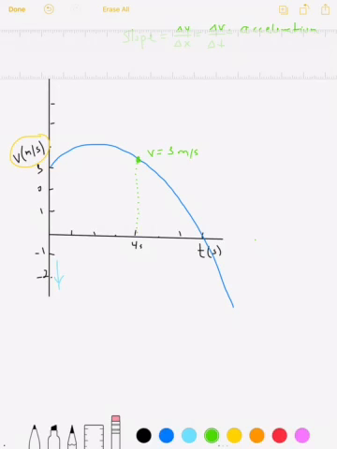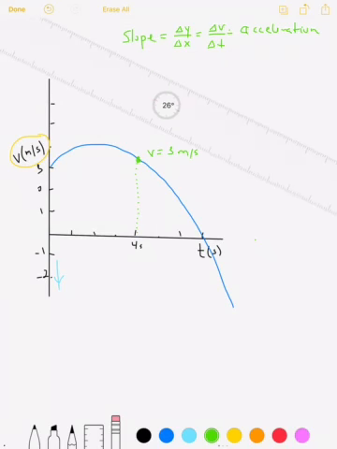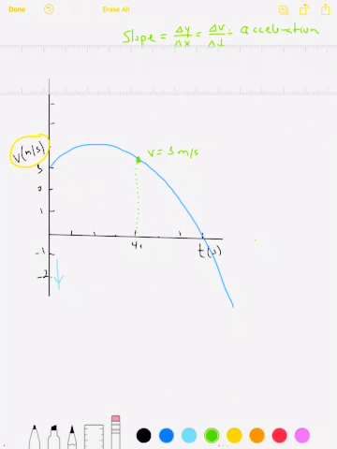And is the object speeding up or slowing down here, or is it constant? We know that the velocity is positive. So the velocity here has a positive direction.